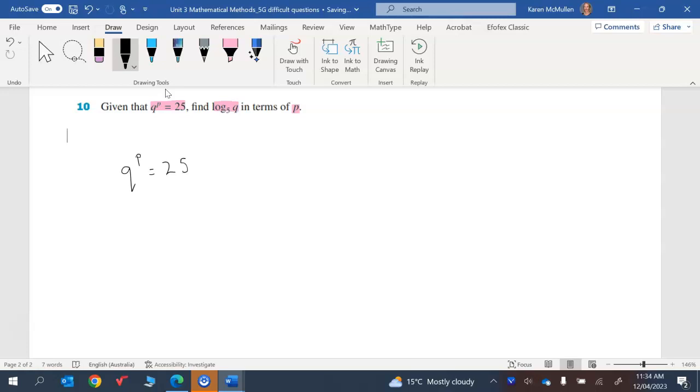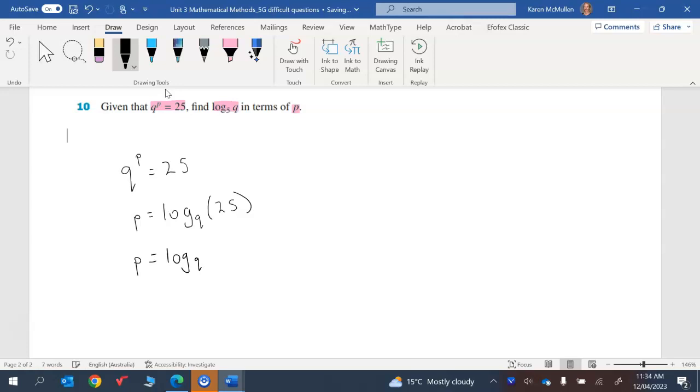So if I take log base q of both sides, all right, p is equal to that. And then I just need to change this log base q of 25 into log base 5 of q. So let me just manipulate a few things.